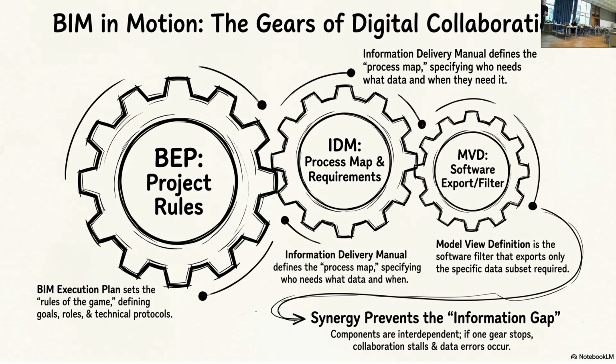Basically, with BEP, BIM execution plan, we set the rules of the game for the whole construction team. We do this way before we sign contracts. BEP is established way before the project participants are assigned to the project. They are given certain requirements and requested to provide a preliminary take on the project.